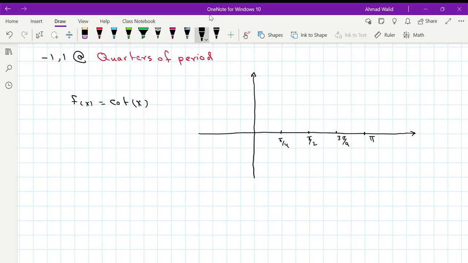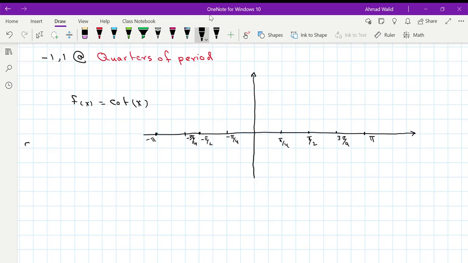And also I can do this side for you if I wish to. Negative pi over 4. Same numbers, but with negative. Negative pi over 2. Negative 3 pi over 4. And negative pi. Correct? What happens with cotangent?